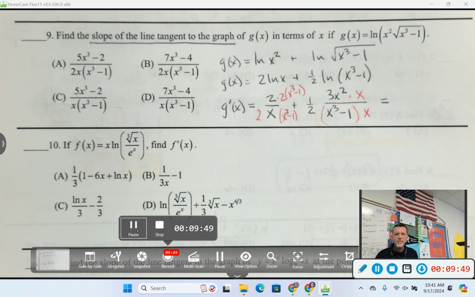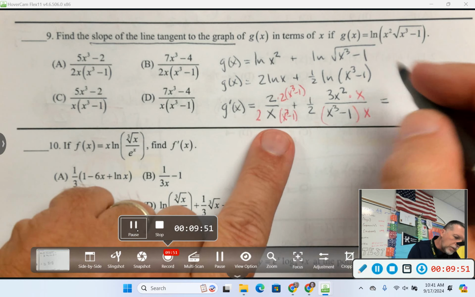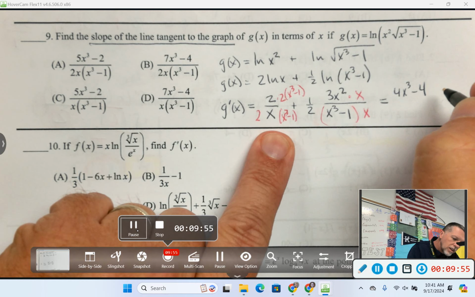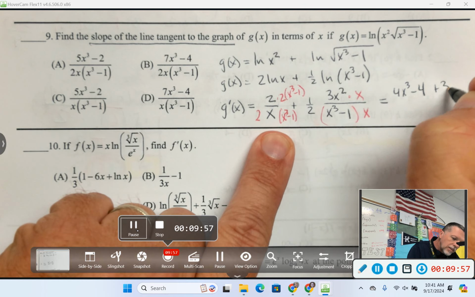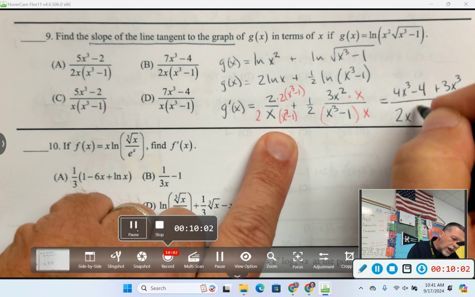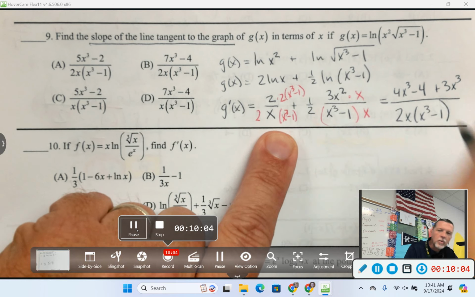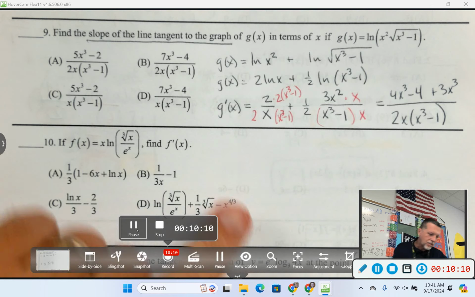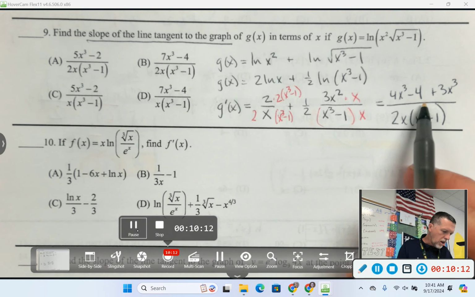So let's see. That would be 4x cubed minus 4 plus 3x cubed all over 2x times x cubed minus 1. So do I have a 7x cubed minus 4?